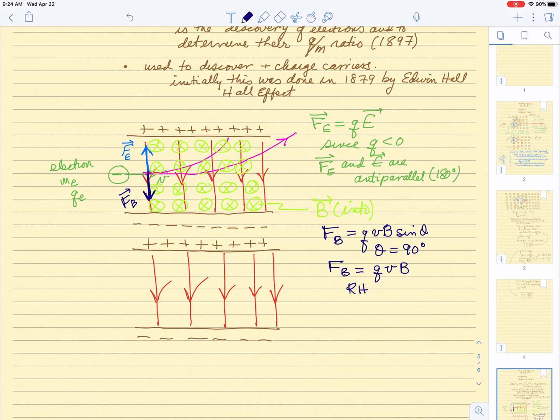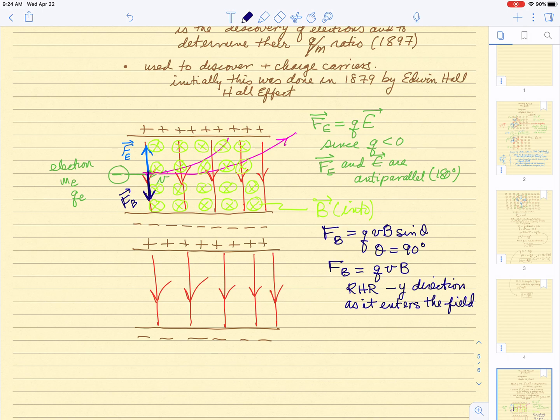The right-hand rule is going to tell us that it's in the negative y direction as it enters the field. So that's the instantaneous magnetic force as this object enters the magnetic field.